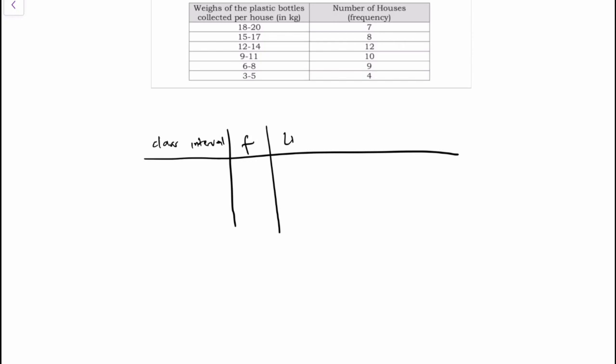And we need LB and the cumulative frequency. Now I will just copy the class intervals based on the given: 18 to 20, 15 to 17, 12 to 14, 9 to 11, 6 to 8, and 3 to 5.